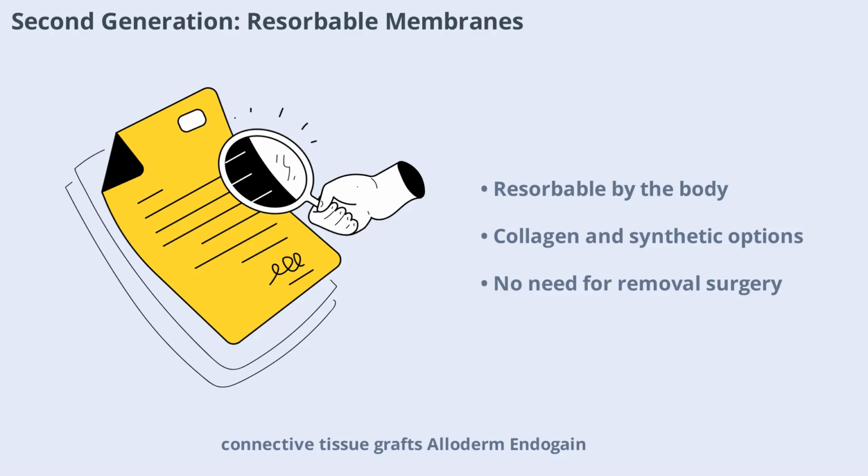Other materials include periosteum, connective tissue grafts, AlloDerm, Engain, and various surgical sponges. These membranes offer improved patient comfort and acceptance.